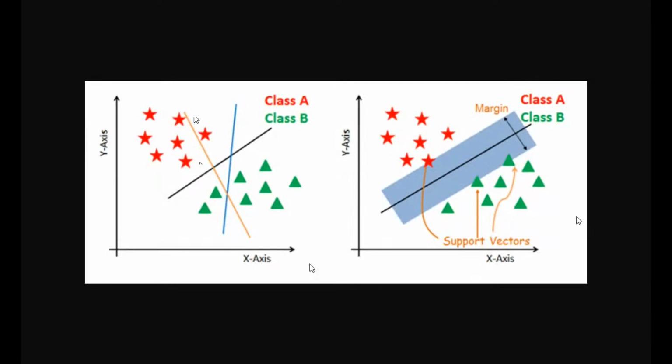So here it is trying to draw all possible lines which can become our best fit line. But here is the best fit line which separates these two clusters. These colored lines, the orange and blue, are not able to properly separate the two categories. So that's why this black line wins the probability of becoming the hyperplane line.